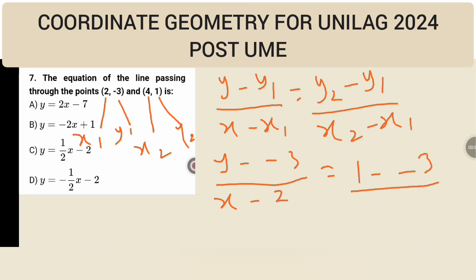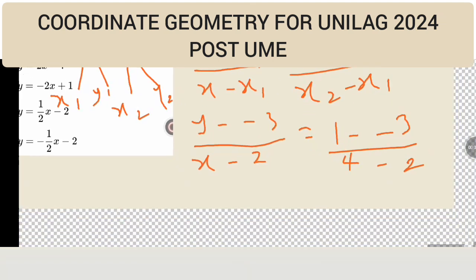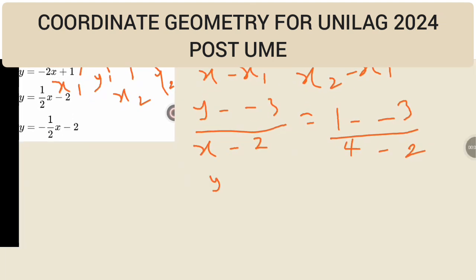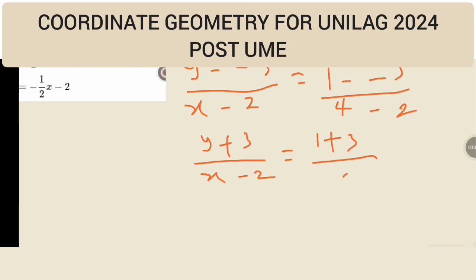Then I'm going to divide it by x2, which is 4, minus x1, which is 2. So if you break that down, this will give you y plus 3 for x minus 2. This is 1 plus 3, minus times minus will give you plus. So this will give you 1 plus 3, 4 minus 2 give you 2. So this will give you 2.